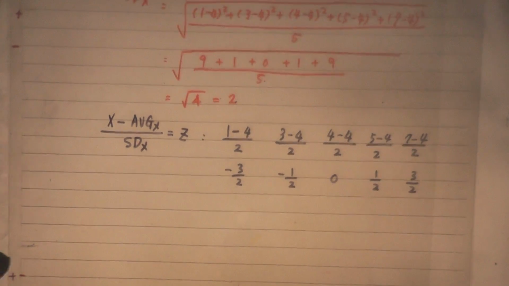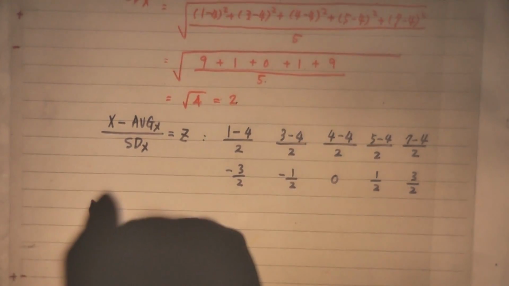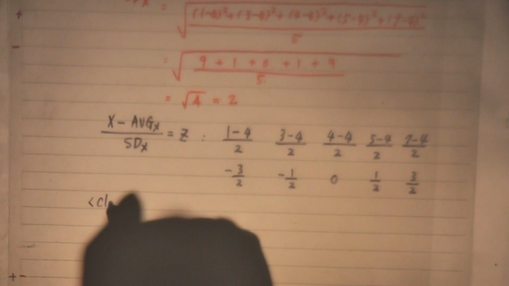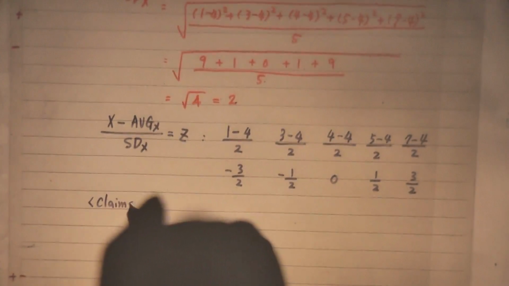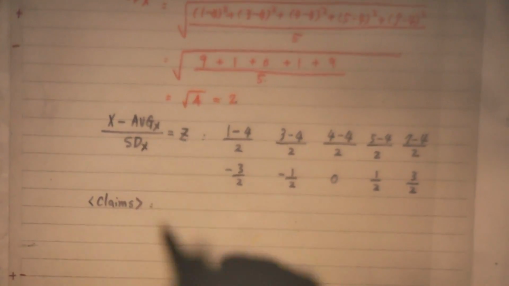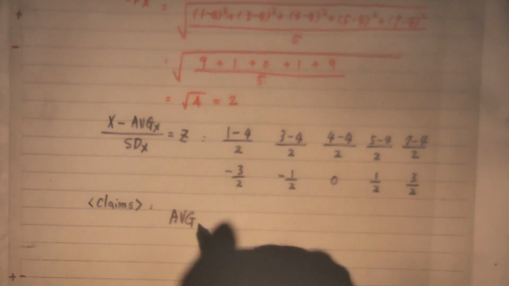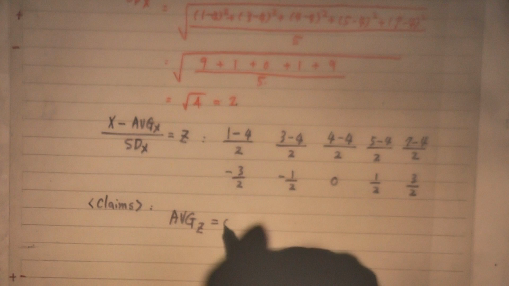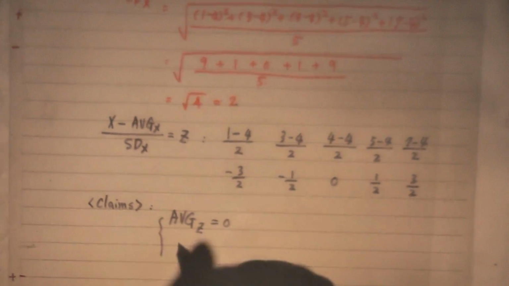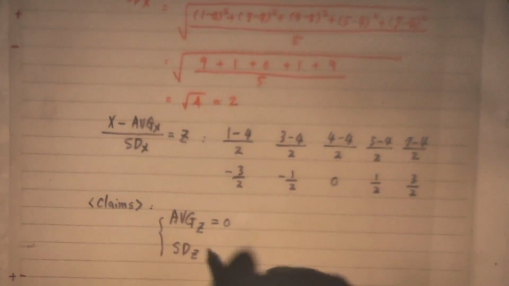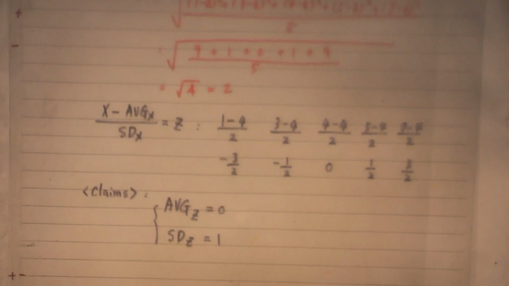Now, what's so special about z-scores? The mean of z-scores must be 0, and the standard deviation of z-scores must be 1. No exception.